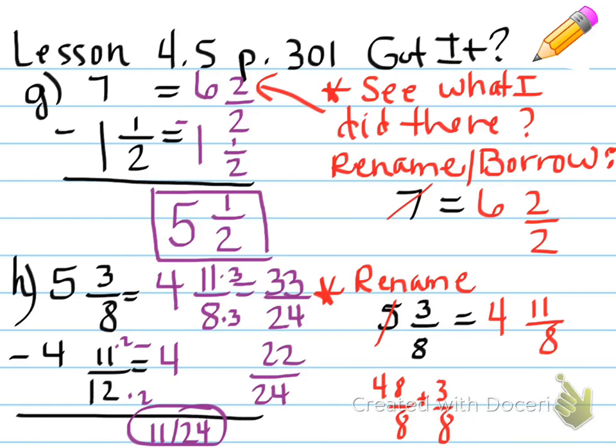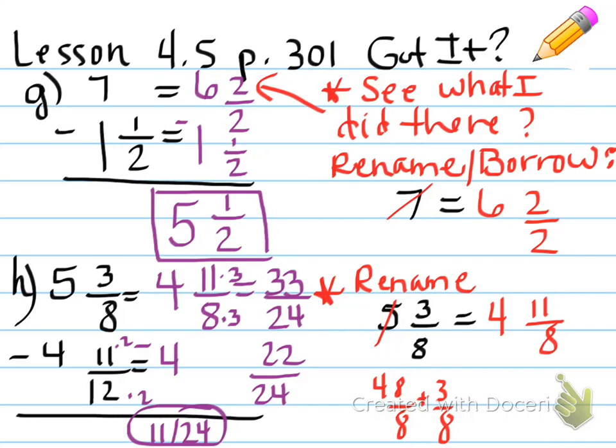Alright, and we're back and we're checking our work on the got it's. Lesson 4.5, page 301, the got it's. I chose to work G, which is the whole number 7 without any fraction attached, 7 minus 1.5. So notice how the borrowing was redone off in red.